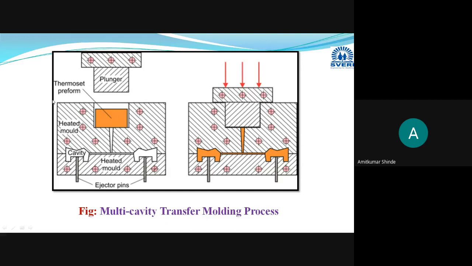This is the sprue. The same concept will be followed, and generally this transfer molding process is used for thermosetting materials. You can either go for the single cavity process or choose the multi-cavity process, according to the need of the production rate.